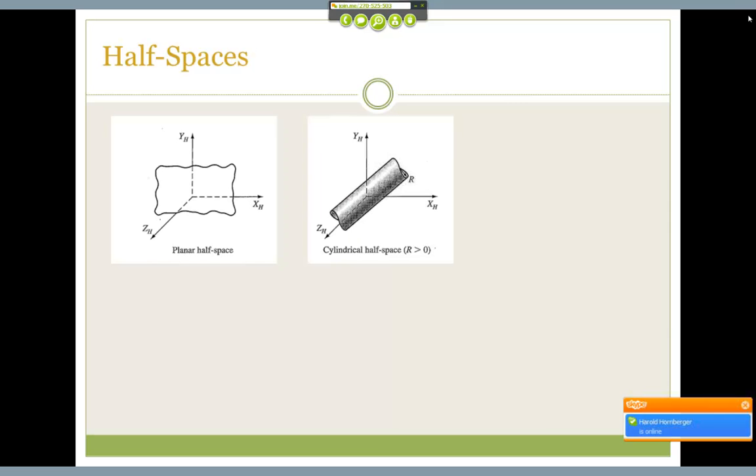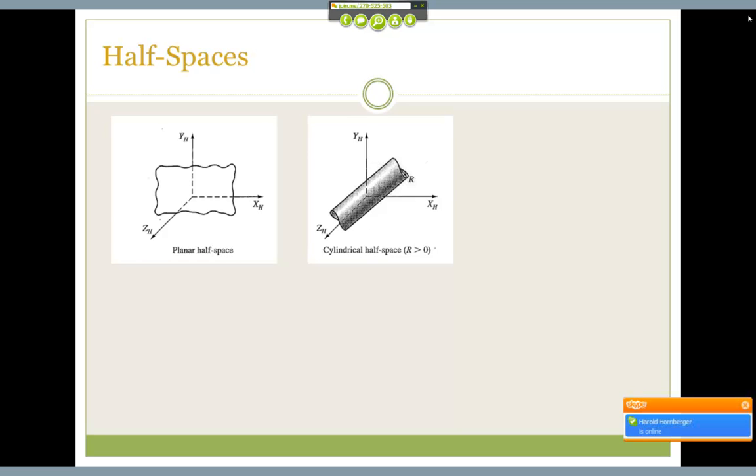So using a cylinder as a half space, all you have to do is say R, whatever your radius is, greater than 0, and that represents the half space. Is it an infinite half space? It is. You're not specifying the length of this cylinder. If we wanted to, we could specify other equations that cap the end of it, and that would all of a sudden begin to restrict the half space.